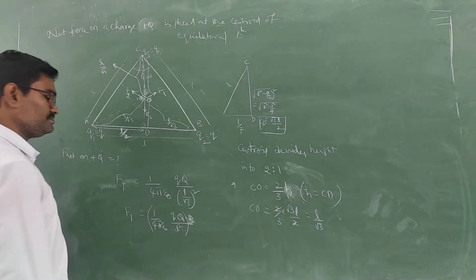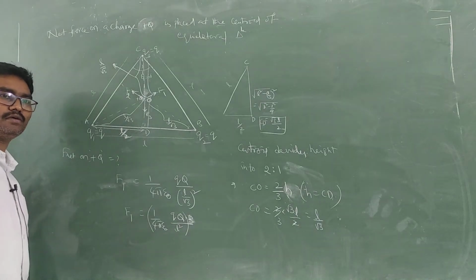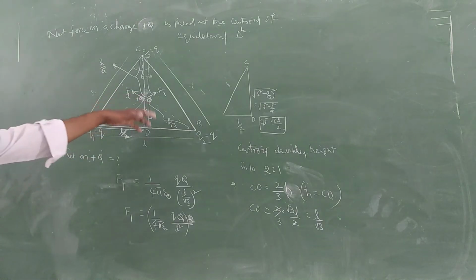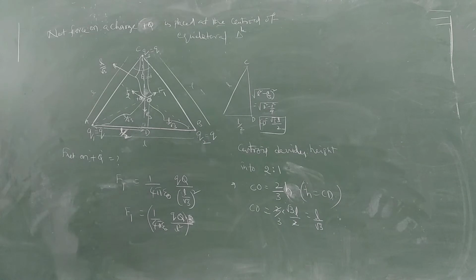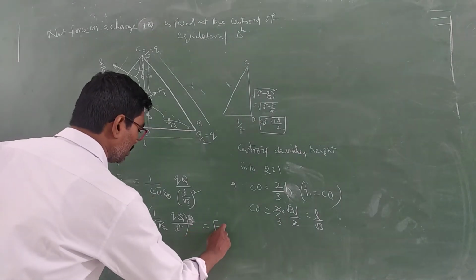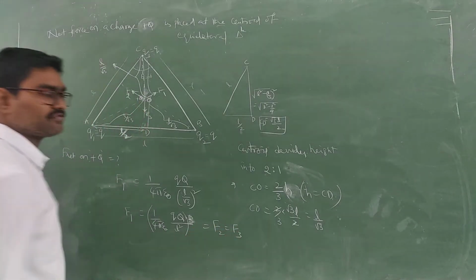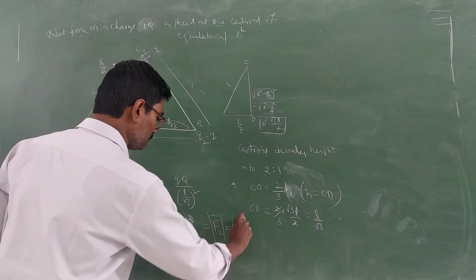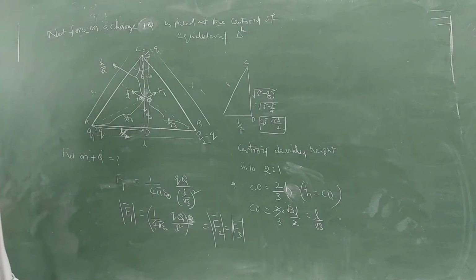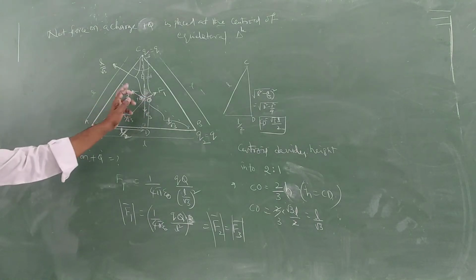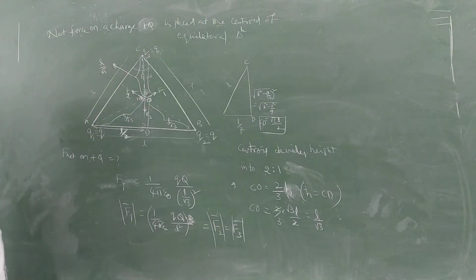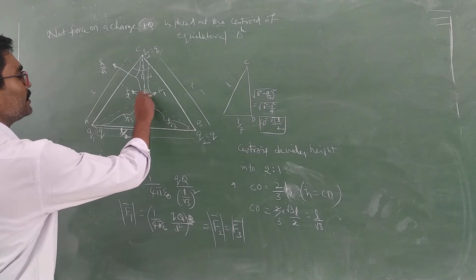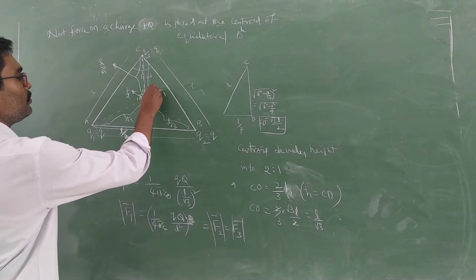That is F1. Okay? Similarly, F2, F3 also same. So that is equal to F2 and that is also equal to F3 in magnitude. Now, what is the angle between F1 and F2? 120 degree. So theta is equal to 120 degree.